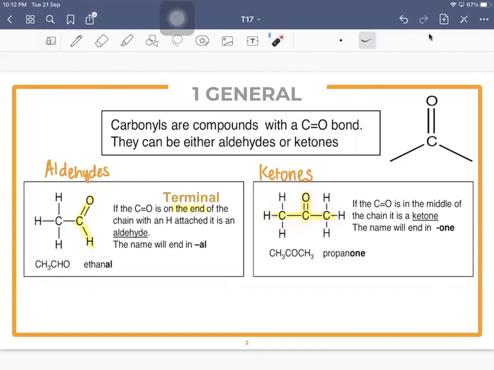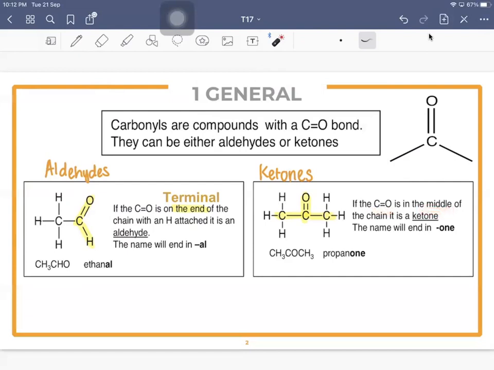Writing down the structural formula of ketones is shown here, CH3COCH3, so you don't have to write out the C double bond O. This is an example of propanone, and for ketones, the C double bond O is usually in the middle of the chain.